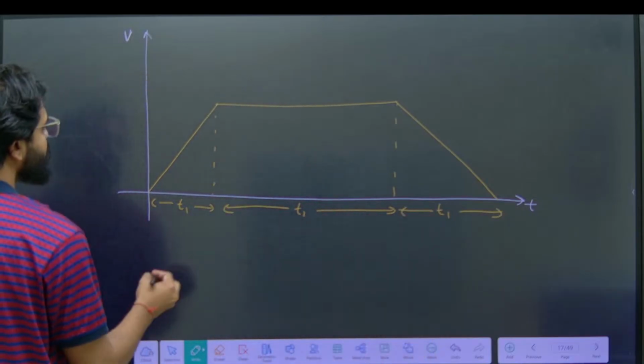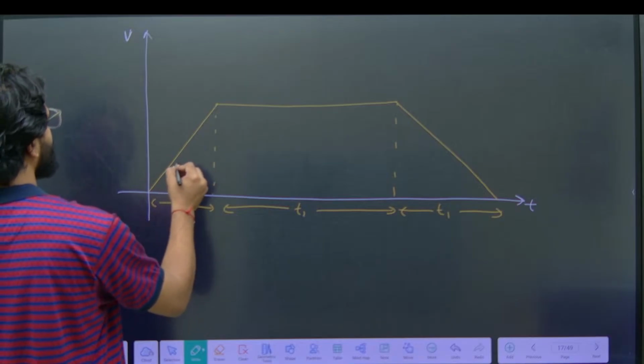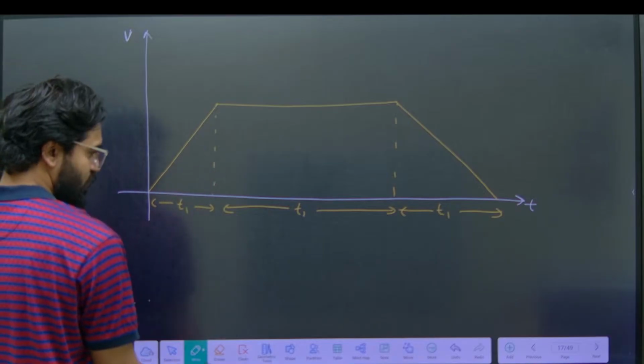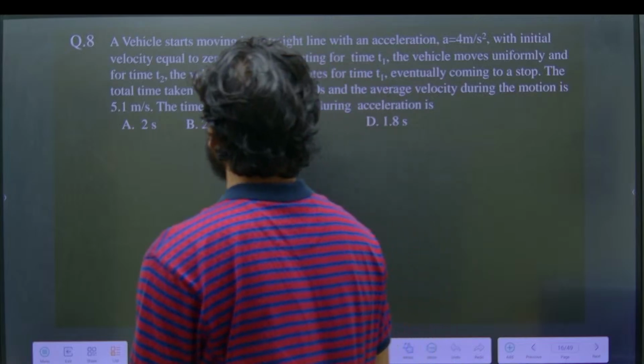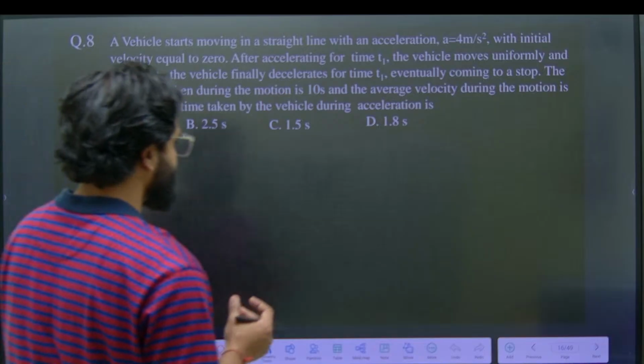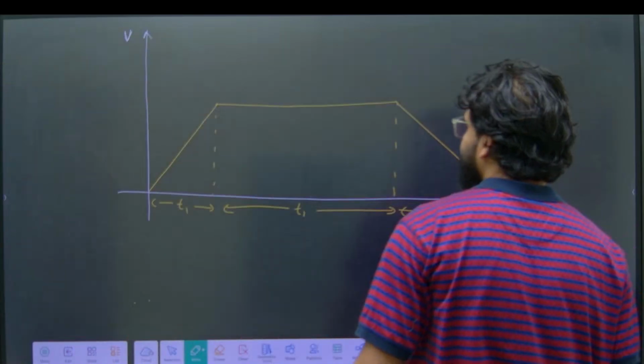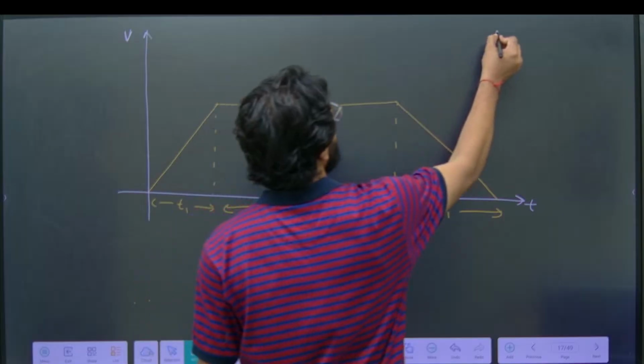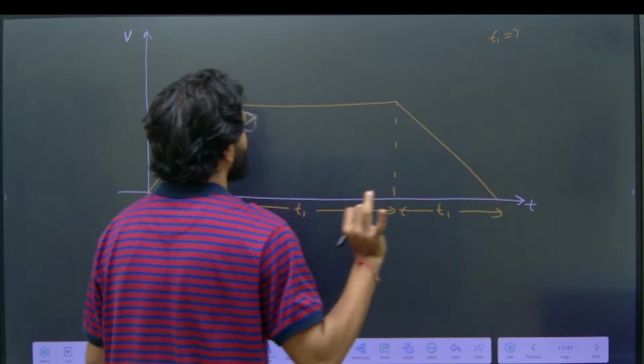Here the acceleration is 4 meter per second square, and the average velocity is 5.1. They are asking for the time taken during acceleration, basically t1. What is the value of t1? This is the question.